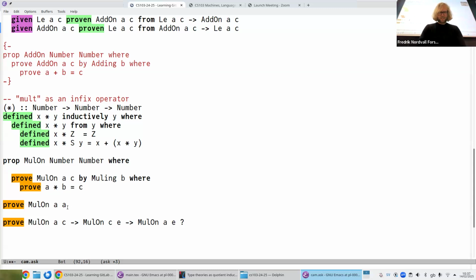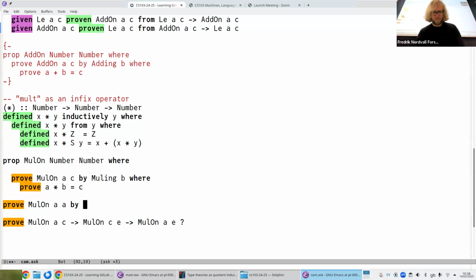And okay. So we don't have that many moves available to us, right? All we know about malon is that we have a canonical way of proving it by mulling. So we have to come up with a B such that A times B equals A. Can anyone think of such a B? Yep. 1 looks good to me because A times 1 should be A, right?